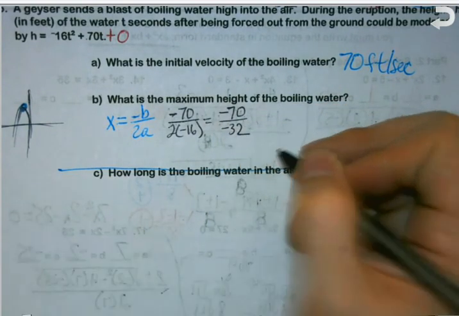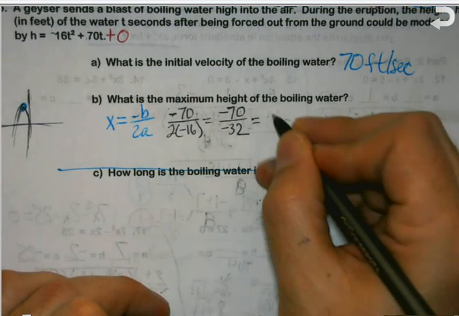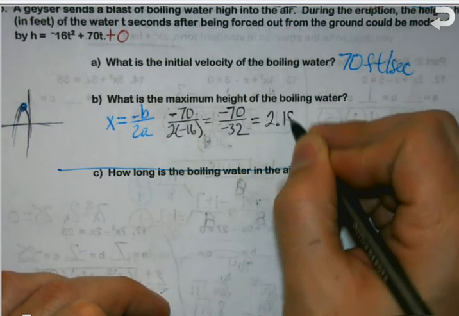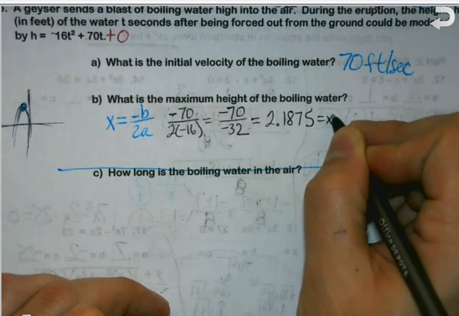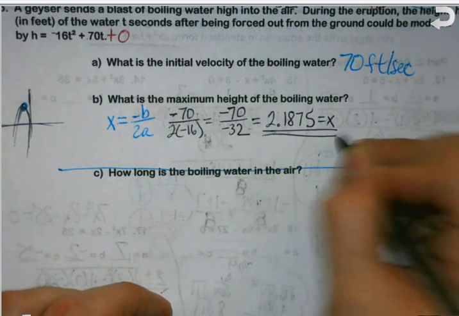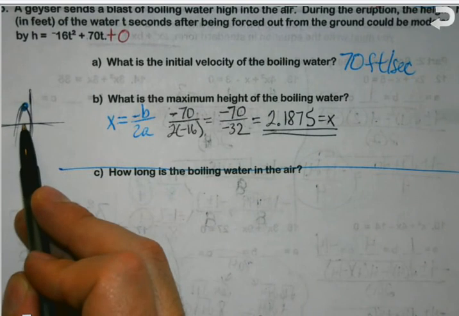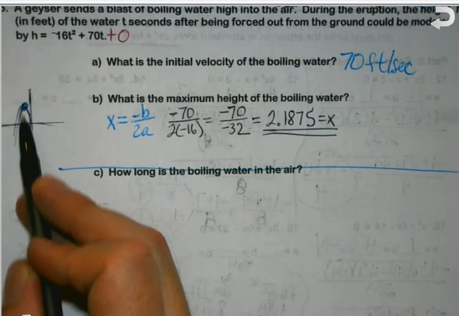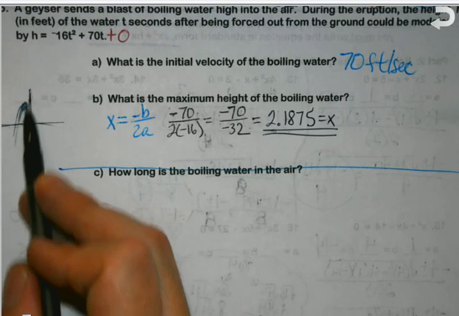And again, we're talking about reality here, so we're not going to talk in all this fractional mumbo-jumbo. Now that's my x value, but again, the x value just tells me, okay, here's the middle point of my parabola. I want to know the height. Well, height is y. So I got one last step.